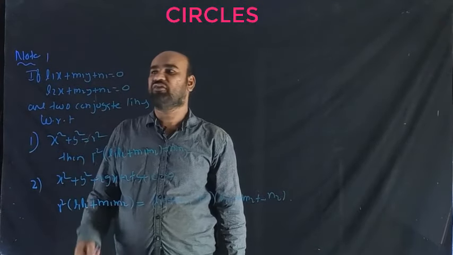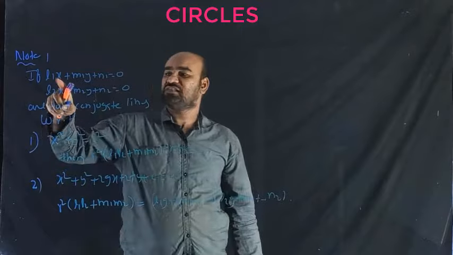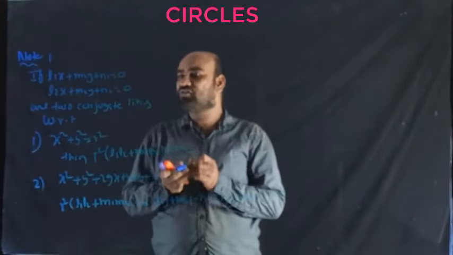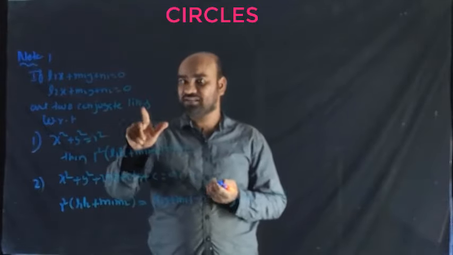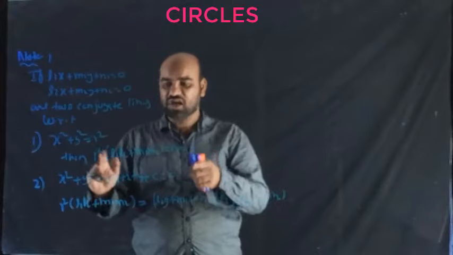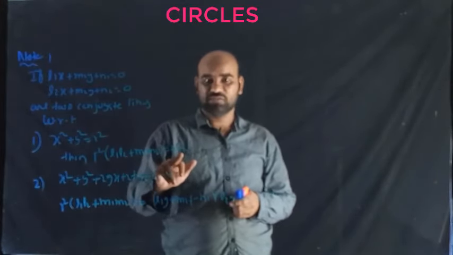Students, one important note here. If the lines L1x plus M1y plus N1 equals 0 and L2x plus M2y plus N2 equals 0 are two conjugate lines with respect to the basic circle, then this is the condition: r square times (L1 L2 plus M1 M2) equals N1 N2.